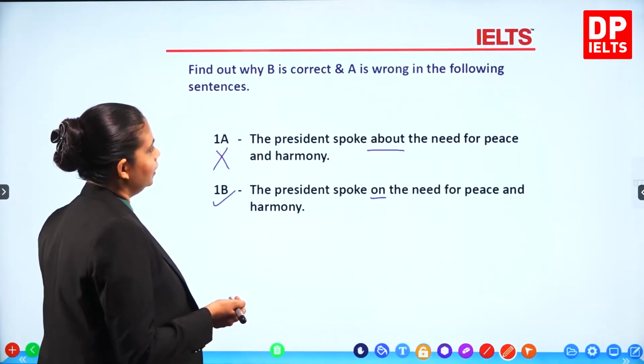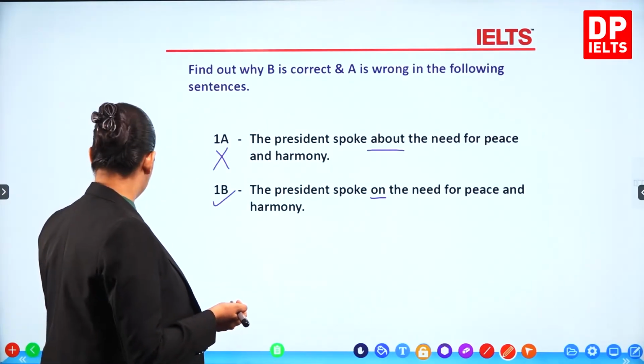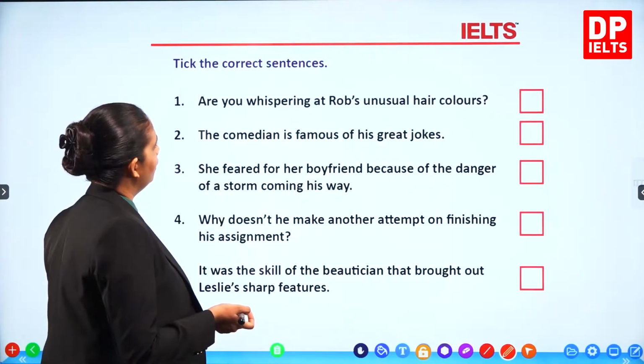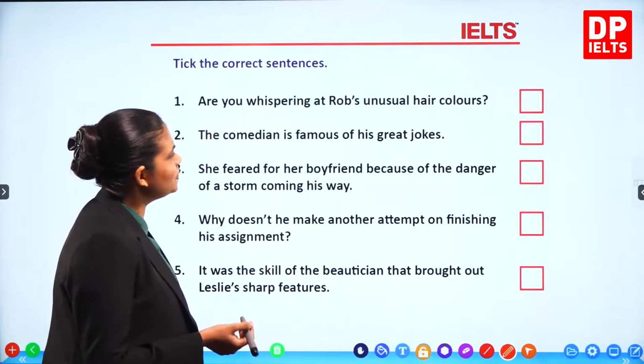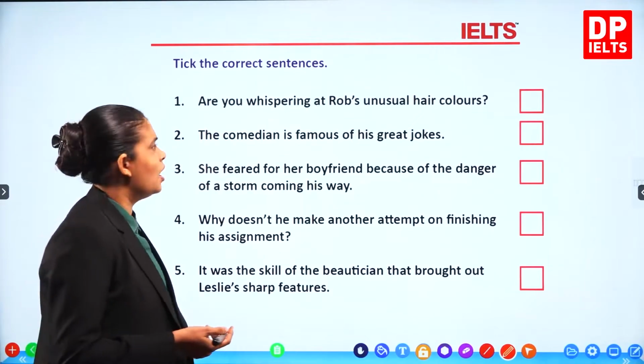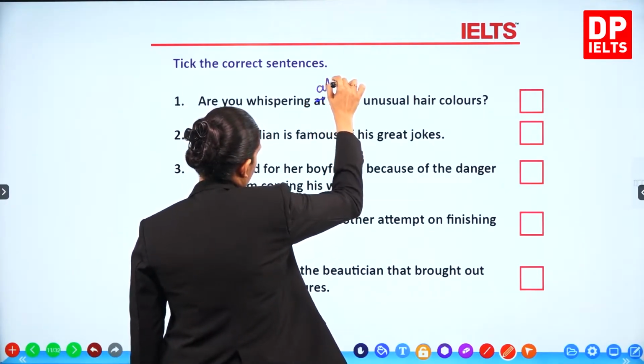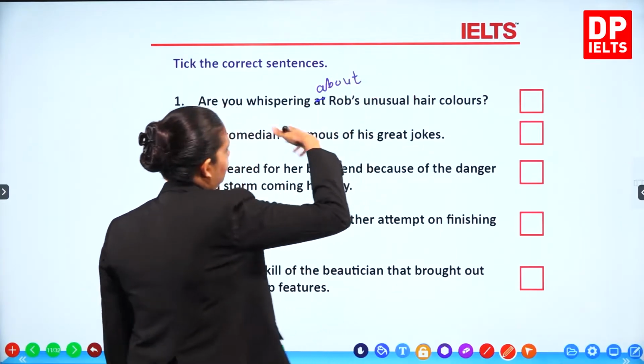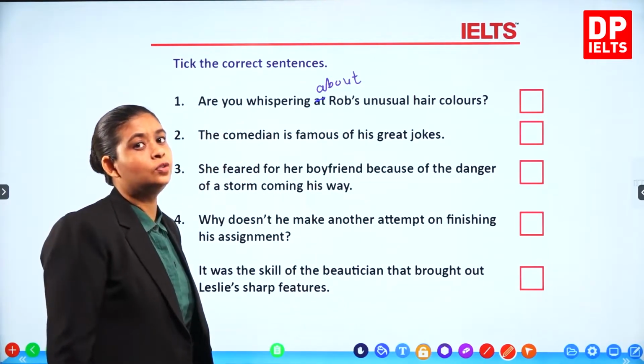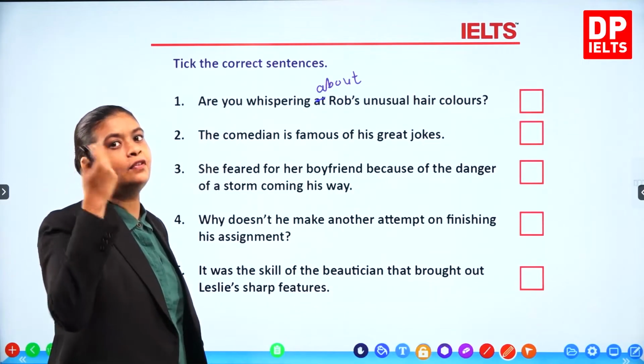So think, is it right or wrong? What do you think? Are you whispering at Rob's unusual hair colors? No. Are you whispering about? It should be about, because it's an informal topic about the unusual colors of the hair that Rob has got.